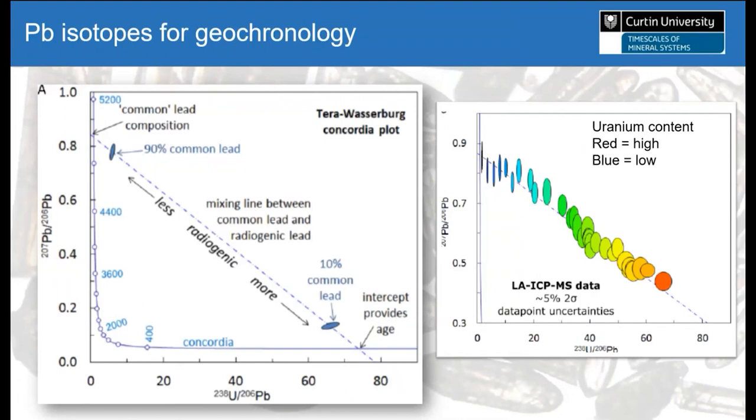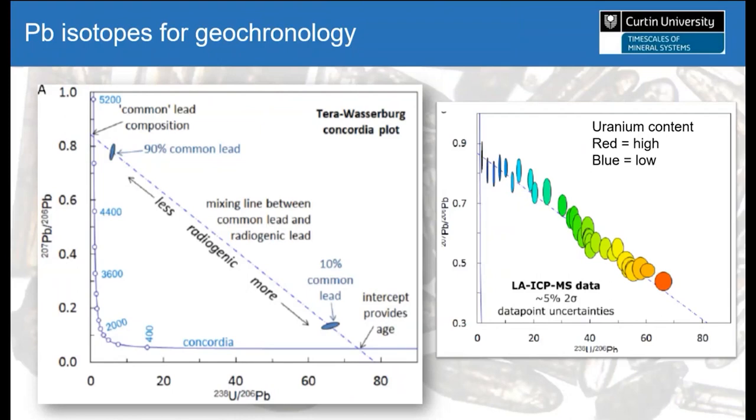Analyses with higher uranium would produce more radiogenic lead, and they will plot lower down on this diagram. So you can see here on this Tera-Wasserburg diagram, color-coded for uranium content, those analyses with higher uranium are plotting lower down on the diagram. They've got a larger radiogenic component. Those analyses that are lower in uranium are plotting further up on this diagram and have more common lead.